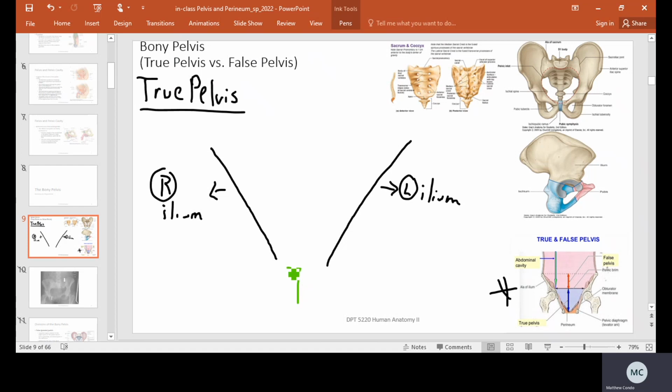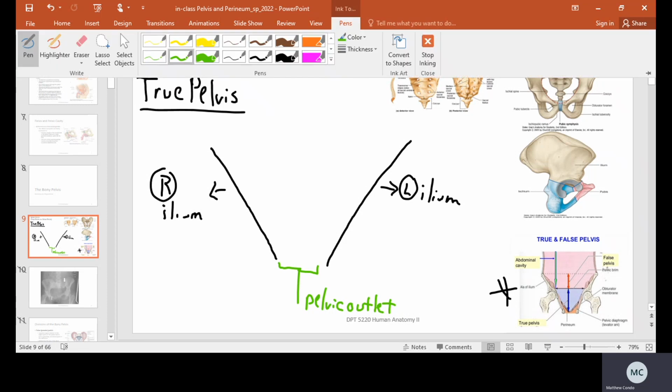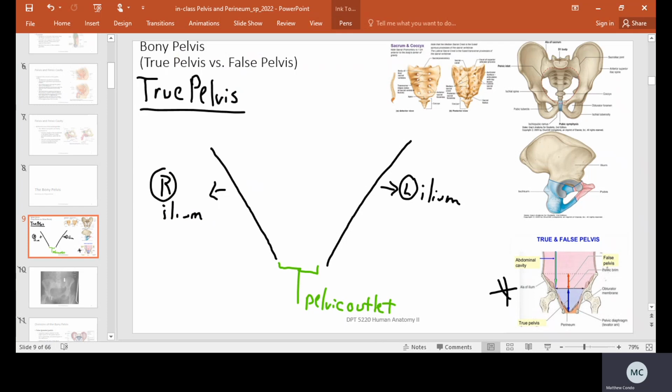This area down here is going to be called my pelvic outlet. And then what I'm going to see is something called a false pelvis. Okay, now the false pelvis essentially is going to be this line here.